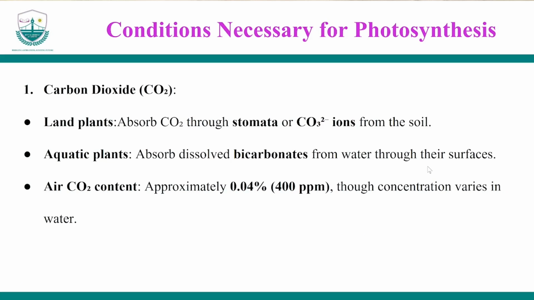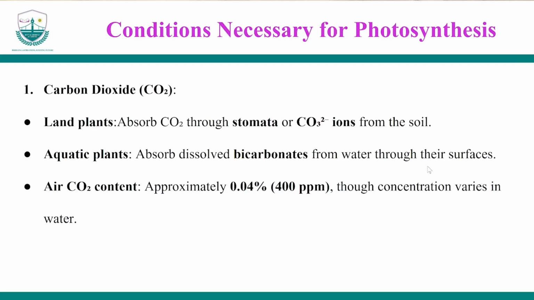We will see that. But mainly, the plants will obtain the carbon dioxide from the atmosphere, but can also get it from the carbonates that the plants can absorb through their roots.